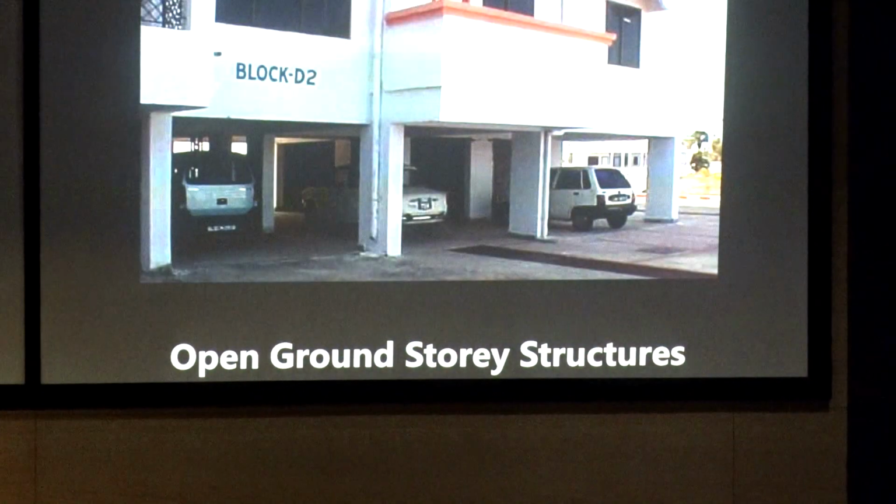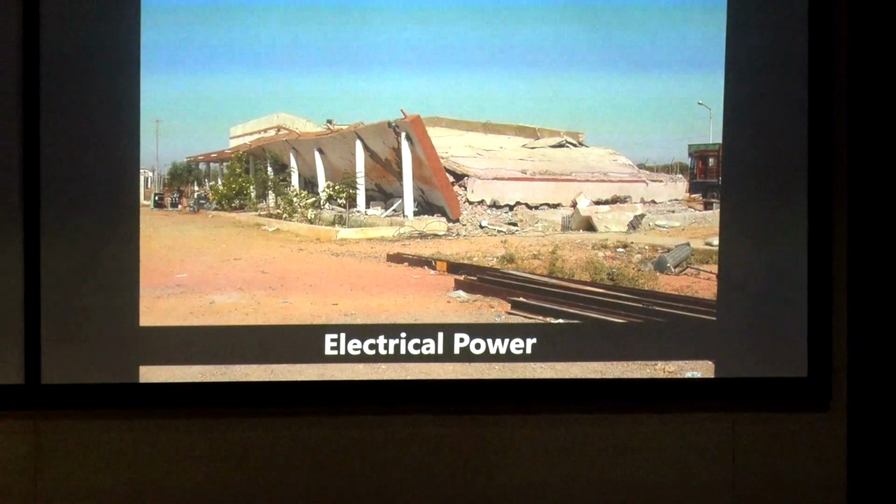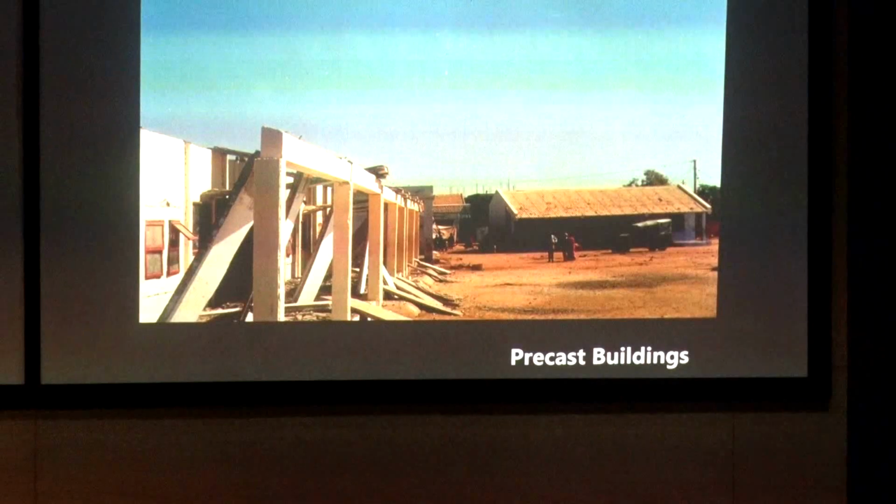Well, open ground storey, and then comes the different types of structural systems. Some mention about some of these things. Precast buildings is something that, of course, it will talk about design of these, but essentially as individual components. But as a system, there has to be a separate standard talking about precast construction.